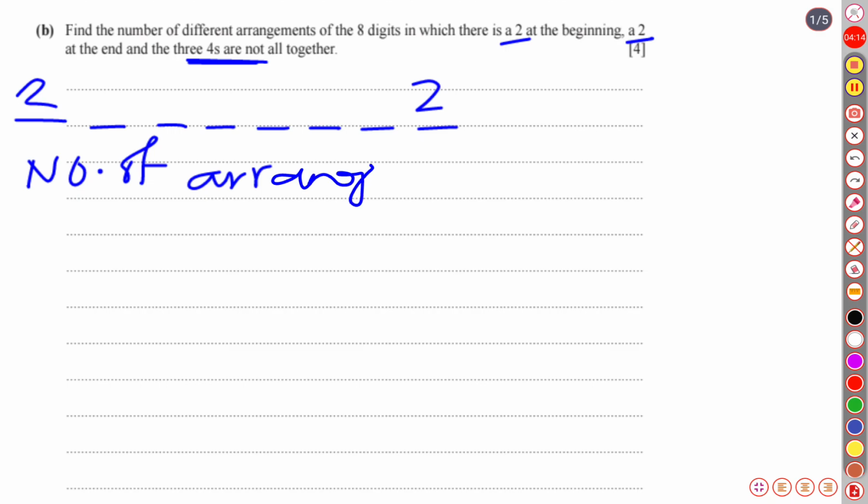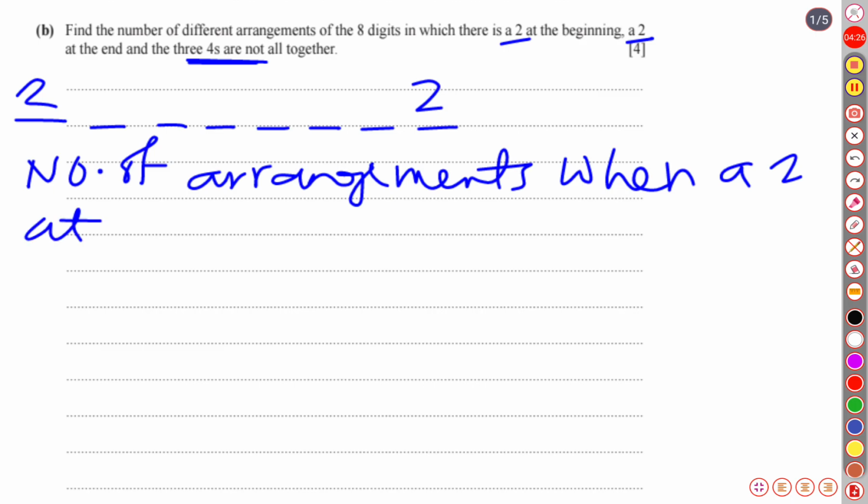We are just considering 2s at each end, leaving the fours together. We will solve that part in the next step. So what is the case?